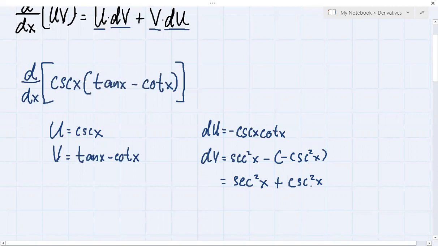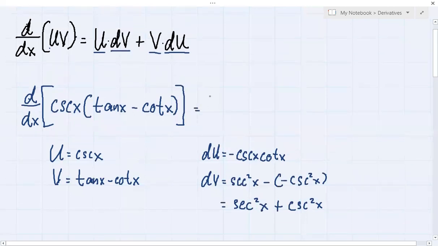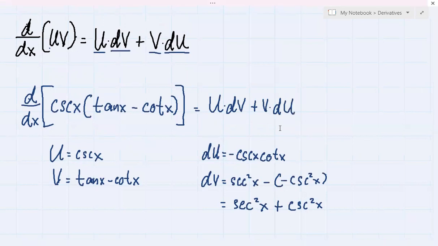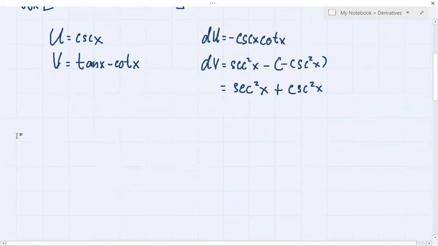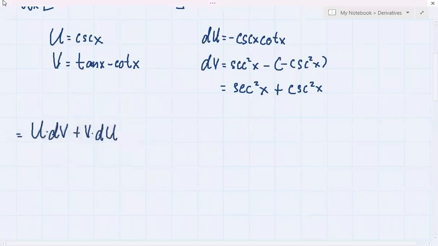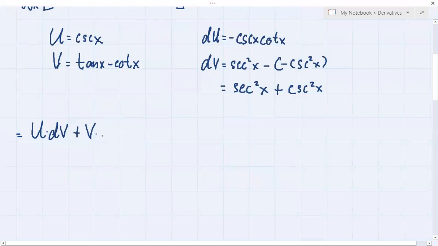Alright? Now, what we're going to do is we will now substitute the formula. So we have u times dv plus v times du. Actually, I have no more space. So what I can do here is I will just bring the solution down. Dito na lang tayo magsimula. Ayan. So u dv plus v du.